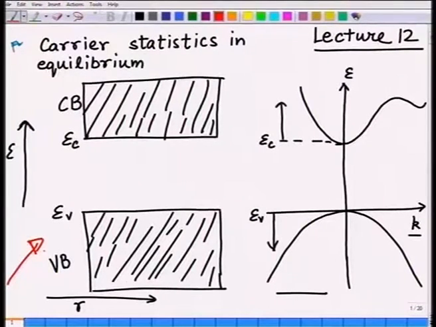So what I'm going to do now is abandon this band structure for a minute for doing this thermal equilibrium statistics. I'm going to abandon this E versus K diagram and stick to only energies. We understand that if an electron has to go from here over to here, it may have to change its K state also, depending on whether it is a direct band gap semiconductor or an indirect band gap semiconductor.